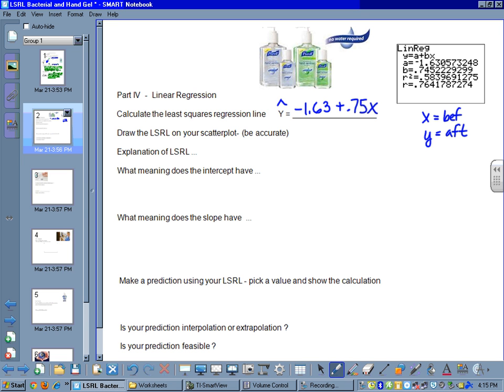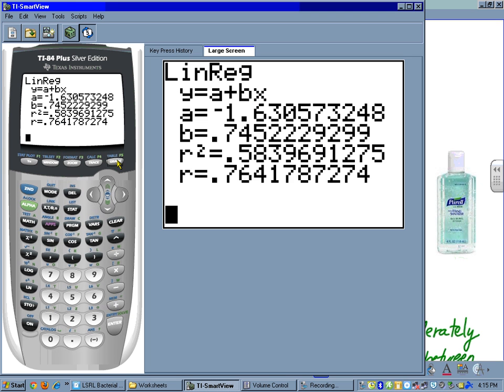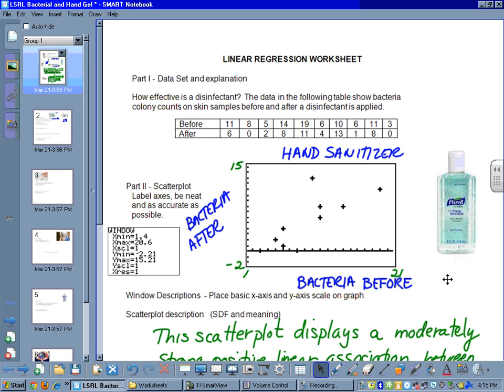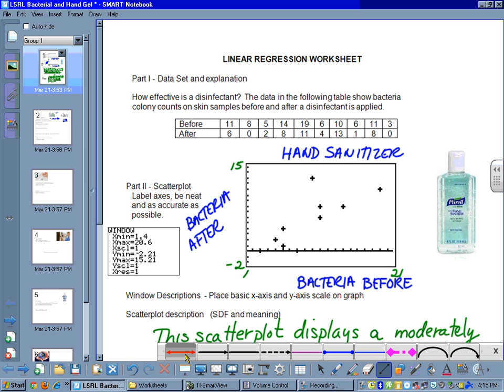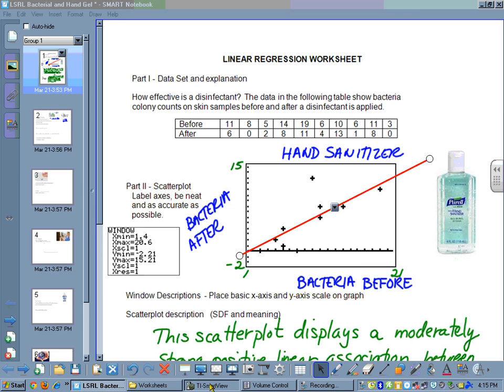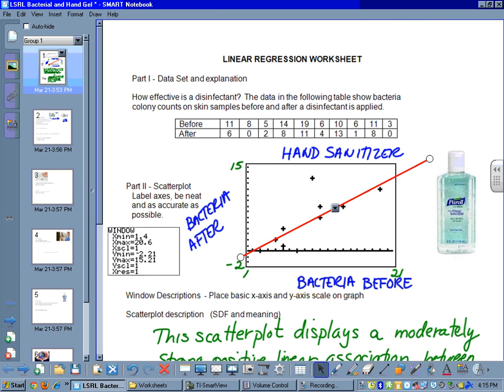So I need to put this line now back on my scatter plot. To do that, I'm going to just hit graph on my calculator. That shows me where the line is hitting a couple different points here. I'm going to use that information to place the line through my points and try to get it as accurate as possible. Let's see how that looks compared to what I saw in the calculator. That's pretty good. Get this down a little lower maybe. Okay.